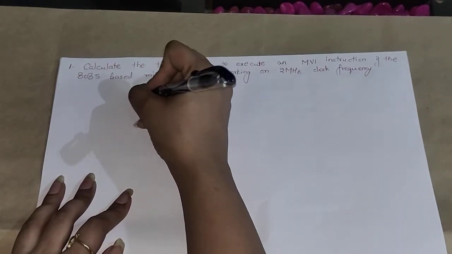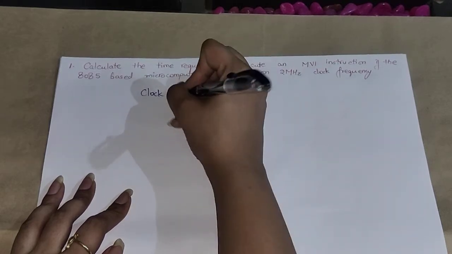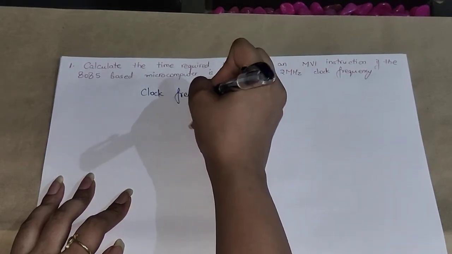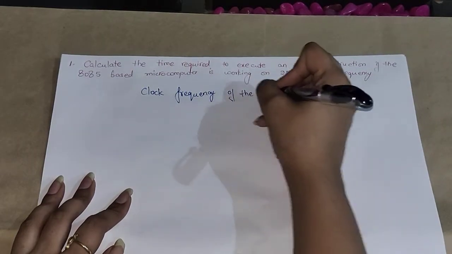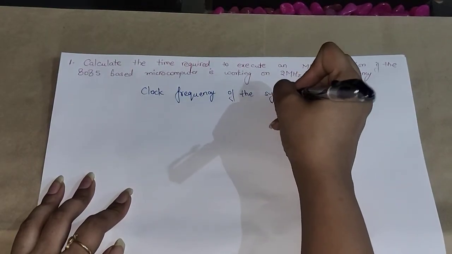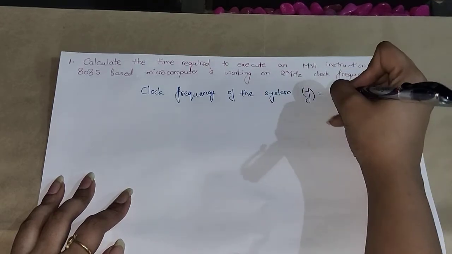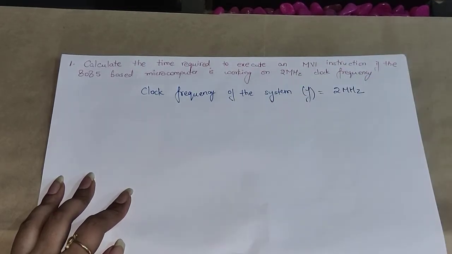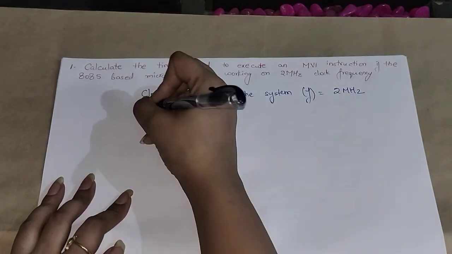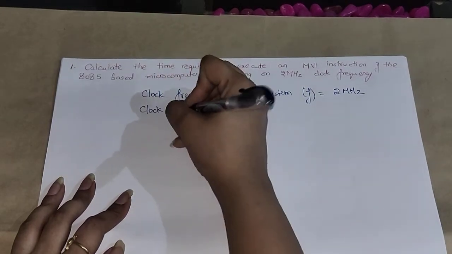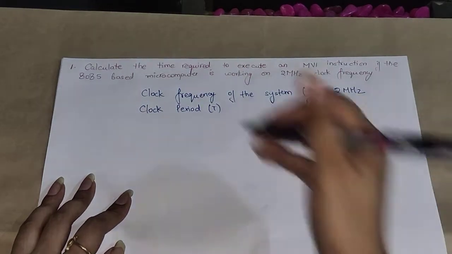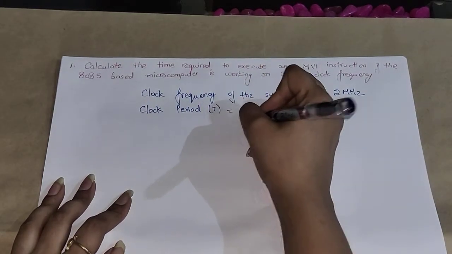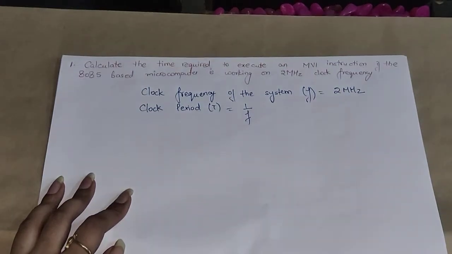See, the clock frequency of the system, F, is given to us, that is 2 megahertz. We have to first calculate the clock period T. T is equivalent to 1 by F. We know that time is the reciprocal of frequency.